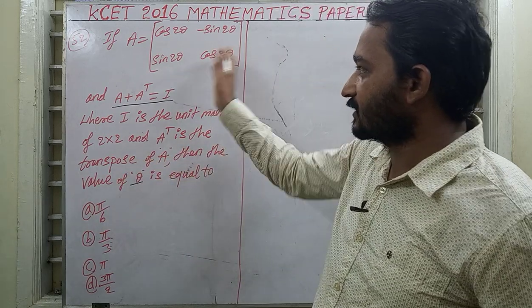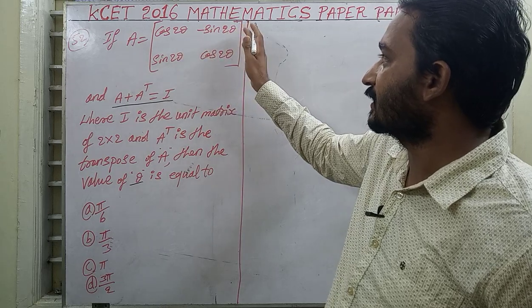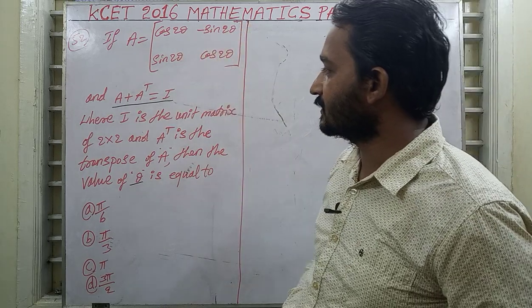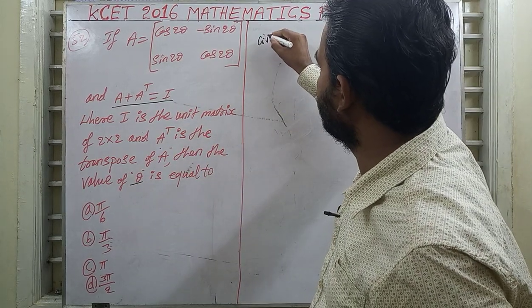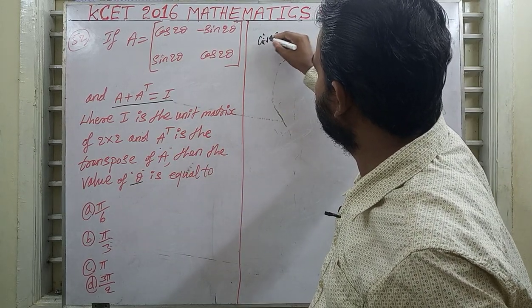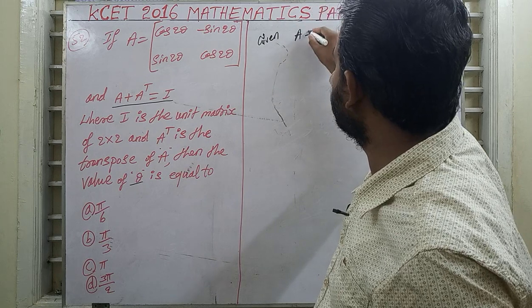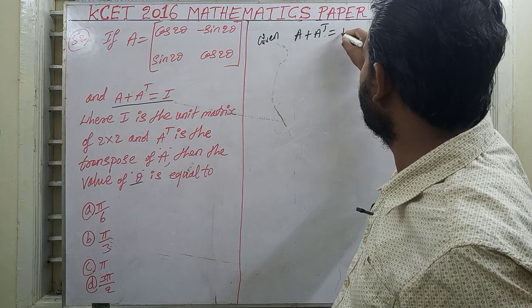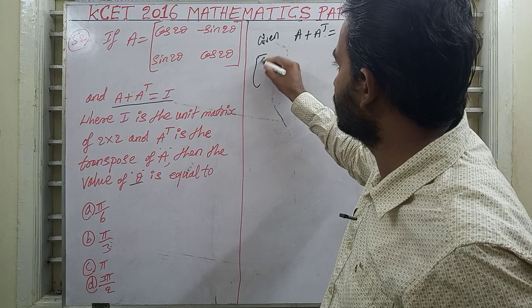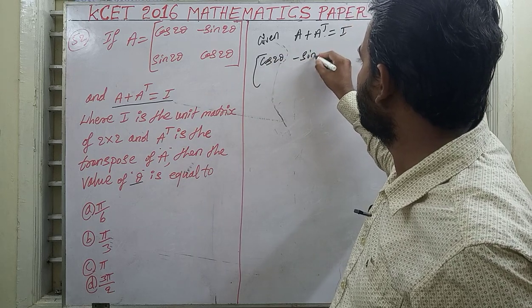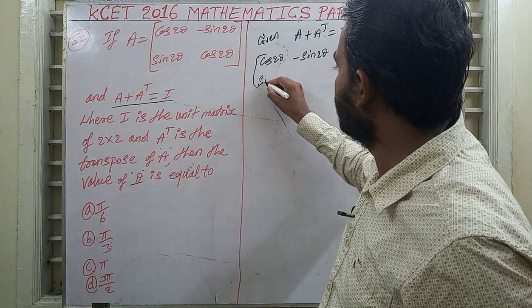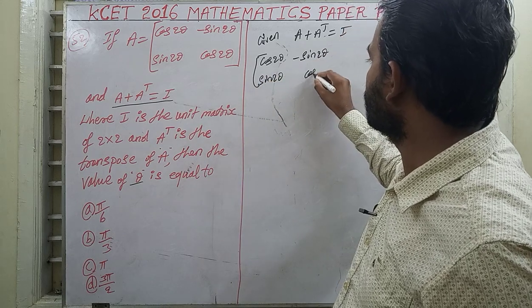This question is also based on the chapter trigonometry, because cos 2 theta and minus sin 2 theta are there in this case. So let us take the given condition first. A plus A transpose is equal to identity. A is cos 2 theta, minus sin 2 theta, sin 2 theta, cos 2 theta.